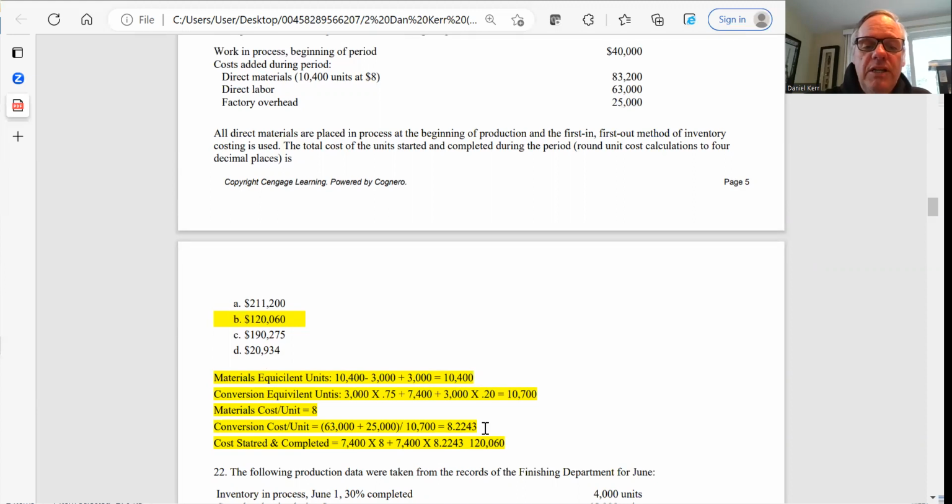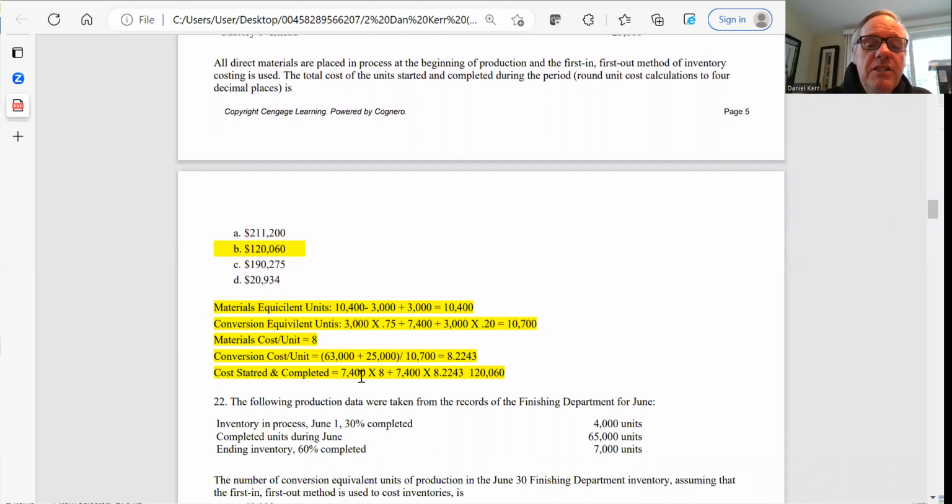They said carry it to 4 decimal points. So the cost of goods started and completed, 7,400 times 8, and 7,400 times 8.2243. So that equals 120,060, and there you are. So the answer there is B.